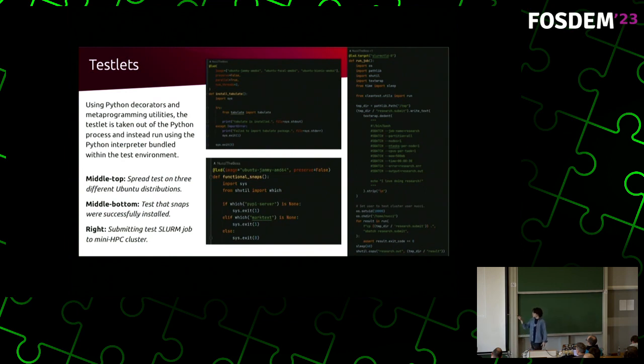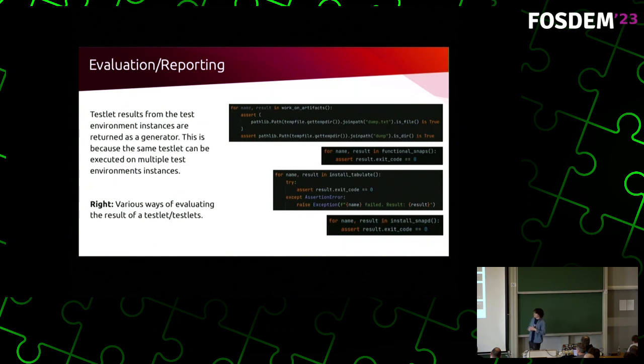And what the decorators do with the metaprogramming is that rather than having that function run locally, it takes out the body of that function that you defined, and then injects it inside of the container instance and runs it there. So the idea is that you could be working off of an Ubuntu machine, but you're developing for a cluster that's running Rocky Linux. In that case, you can just easily bring it up, inject it in there, get the results back. And then finally, the last part, evaluation and reporting.